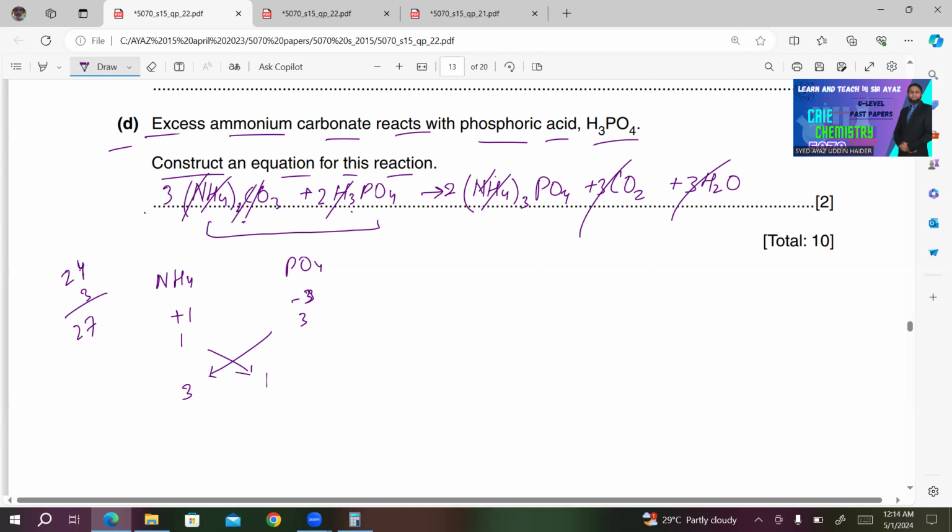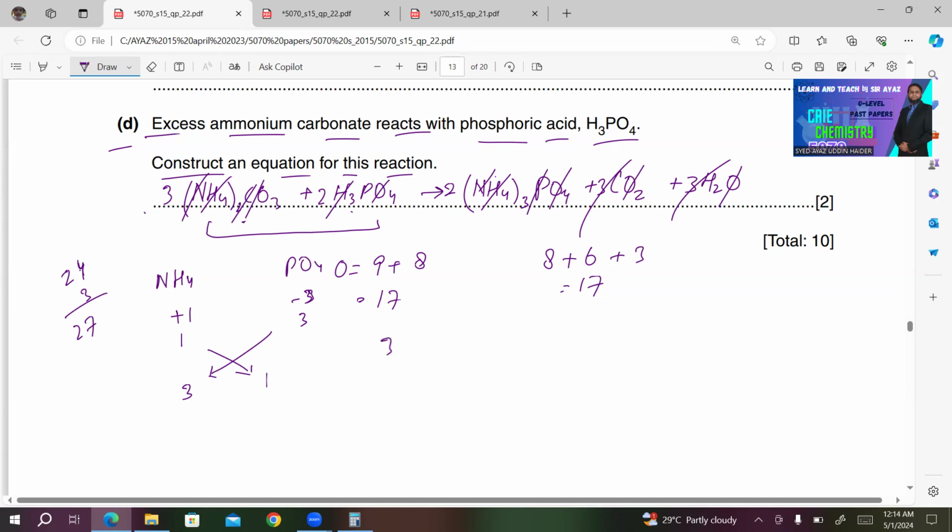Oxygen: 3 3s are 9, plus 2 4s are 8 makes 17; on the product side, 2 4s are 8 plus 3 2s are 6 plus 3 makes 17. Phosphorus: 2 on both sides. It's balanced.